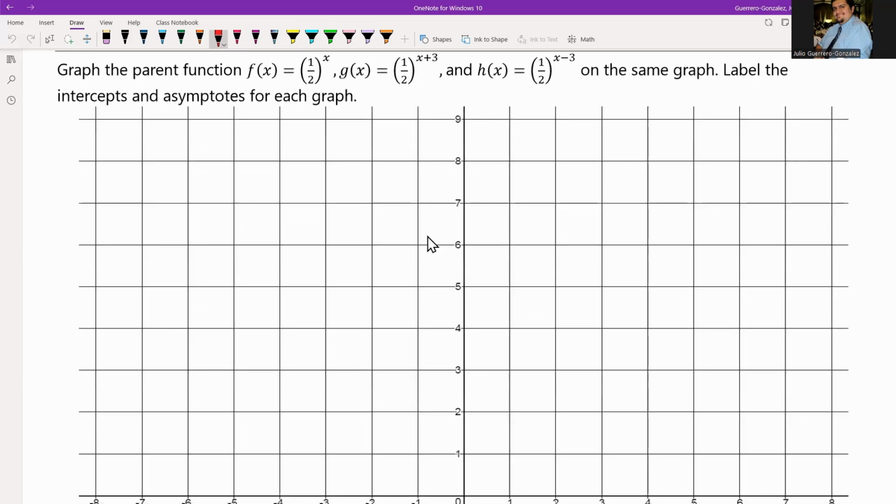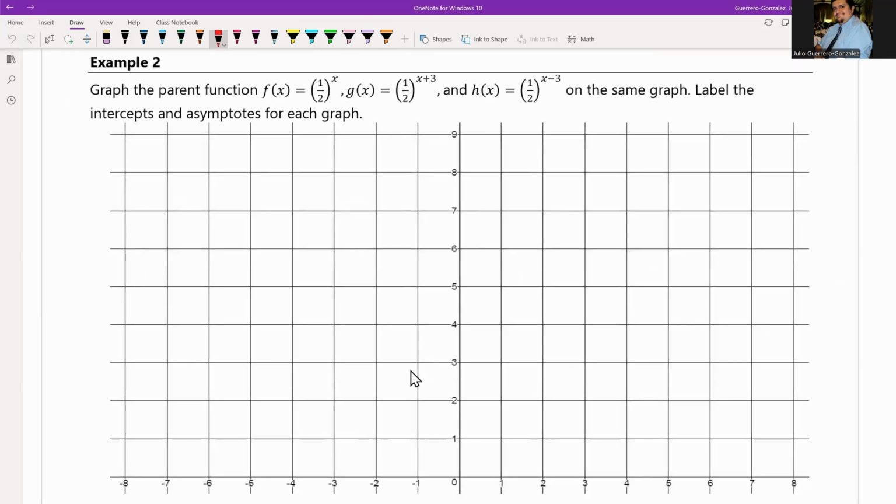So I'm going to graph the parent function. I'm going to zoom out a little bit. There we go. I'm going to graph the parent function, and then I'm going to graph these, that one and that one. So first off is going to be the parent function. And that one, I'm going to put it up here. It's going to be right here, right here, right here.